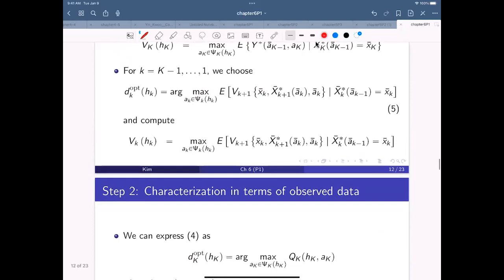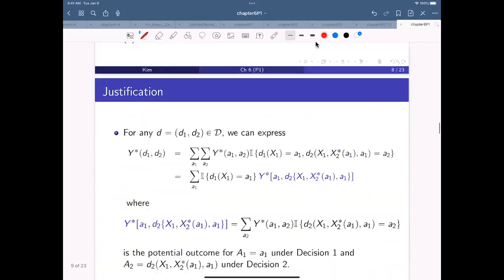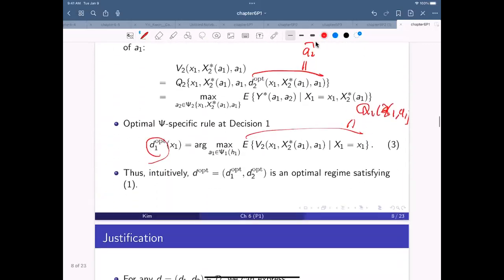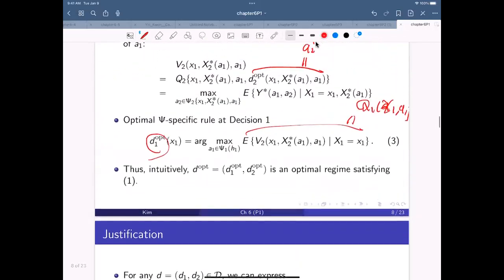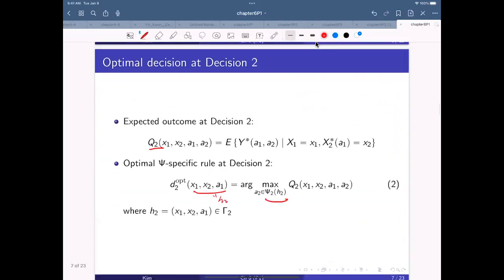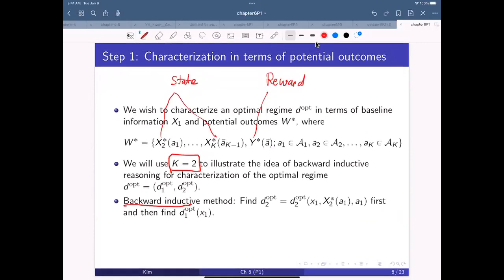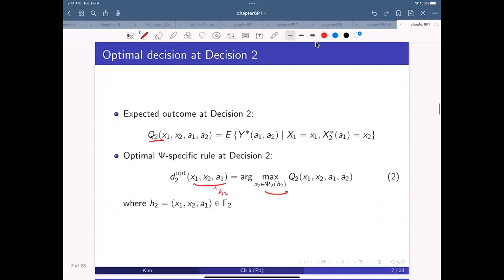I hope I can finish up until the actual computation, but there's some way to go. Okay, now basically these two steps, the description in step 1 here, is the basic idea of backward induction.